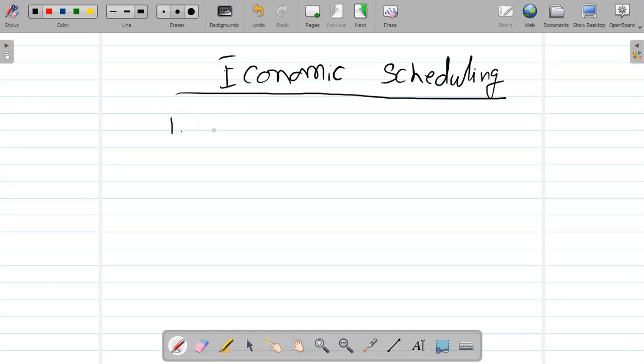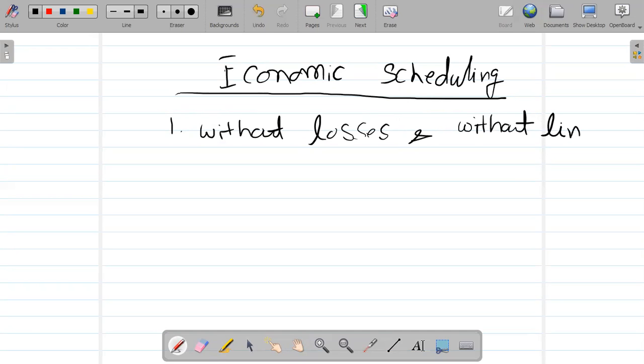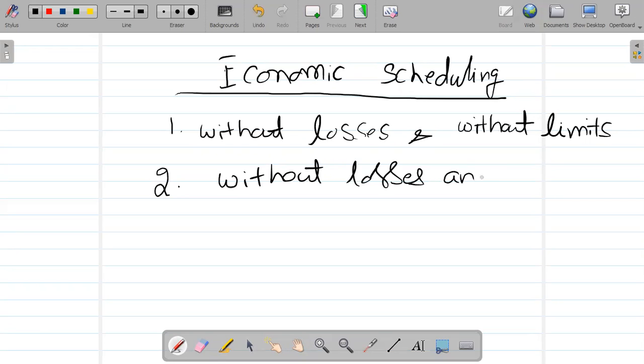In case one, the scheduling problem without losses and without constraints or limits. The second case is the economic scheduling problem without losses and considering limits, that is, the constraints are taken into consideration.